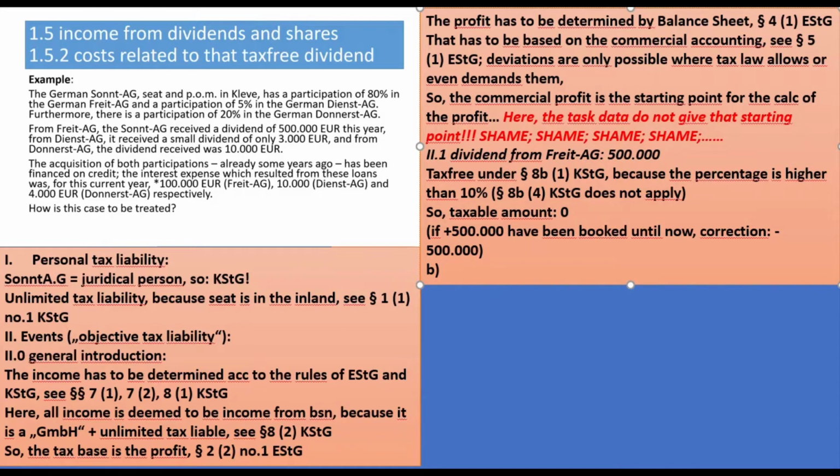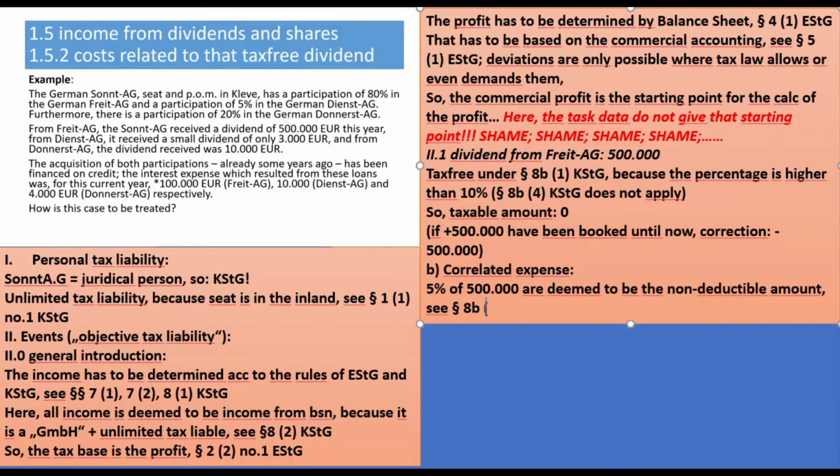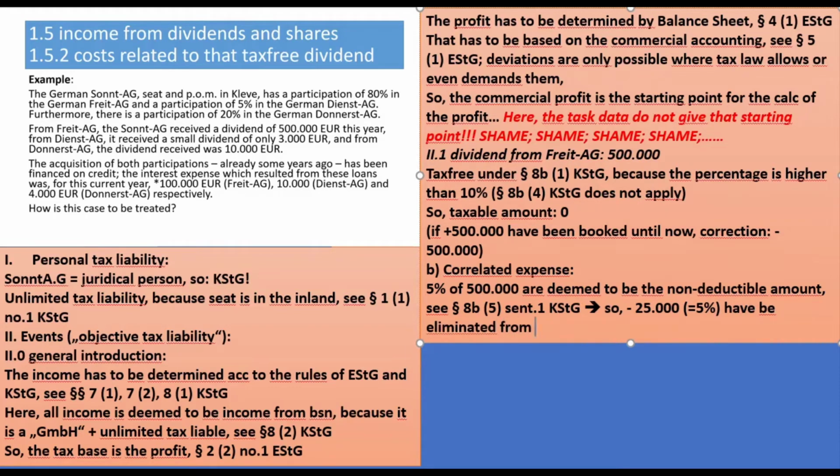B. Connected with that is the correlated expense. 5% of 500,000 are deemed to be the non-deductible amount. See paragraph 8b5 sentence 1 KStG. So minus 25,000, that is the 5%, have to be eliminated from the tax profit and loss calculation.